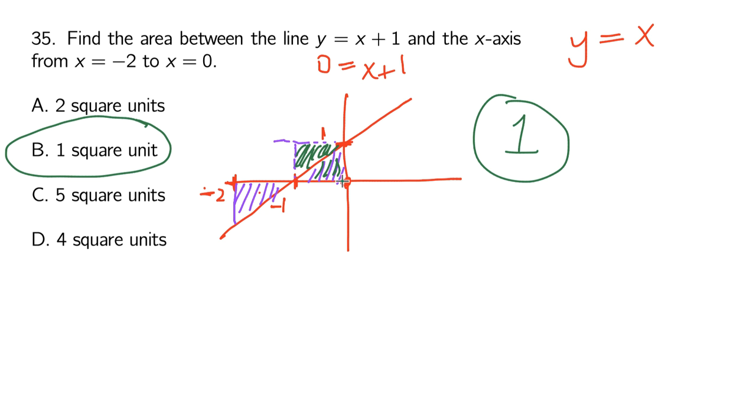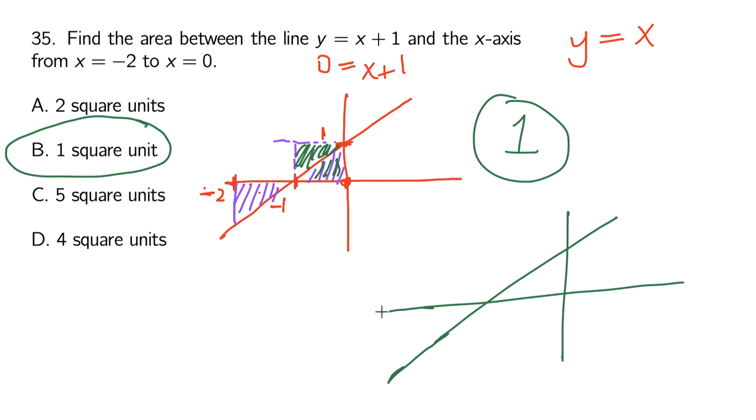Another way to do it is just to now calculate the areas of the two triangles. So we have this triangle and we have this triangle. This is 1 unit.